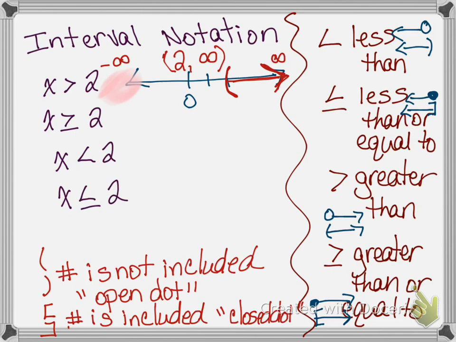The parenthesis 2 comma infinity, that's interval notation, and that is what we're asking for in our answers. But doing the graph helps you get there. It helps you think about it. So the graph is super helpful there.